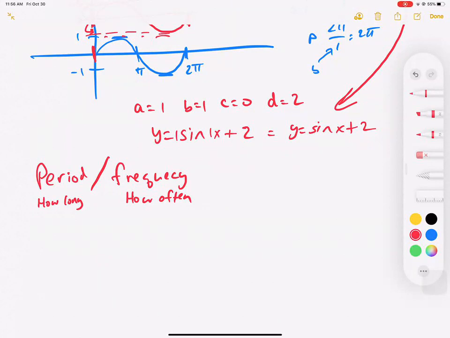Would that be how long or how often? Take 2 pills a day. That'd be frequency. It is frequency because it's how often, right? Twice a day. So if I write twice, that's 2 times per day.